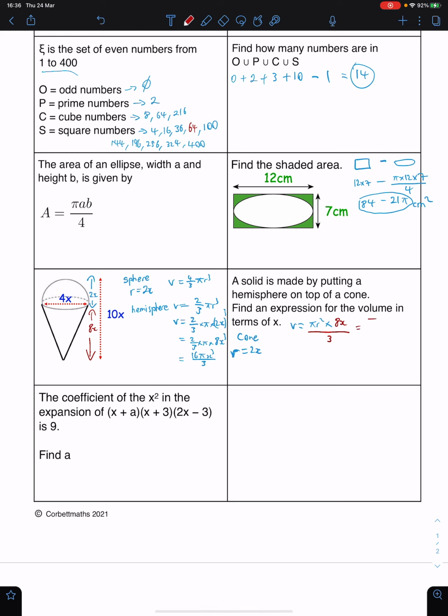Another way in which we can get an x squared term is doing x times 3 times 2x, which is going to be 6x squared. And another way in which we can get an x squared term is by doing a times x times 2x, which is going to be plus 2a x squared.